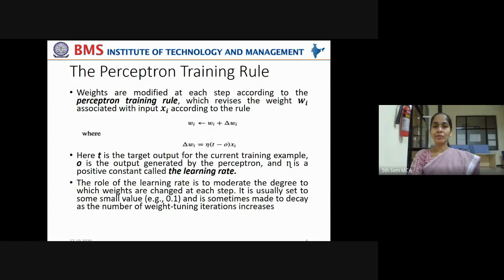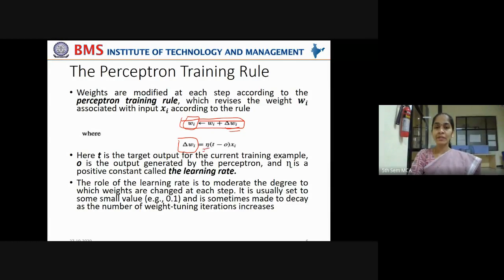Now, what is the perceptron training rule? Wi equals Wi plus delta Wi. Delta denotes some change. In any field, when we use delta, it denotes some change. When we add this delta Wi to the old weight, you will get the new weight to which it has to be adjusted. Why does this adjustment have to take place? Because there is some prediction error. Now, how is this delta Wi calculated?